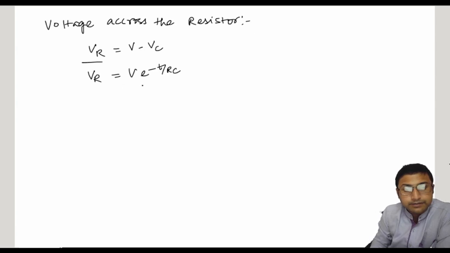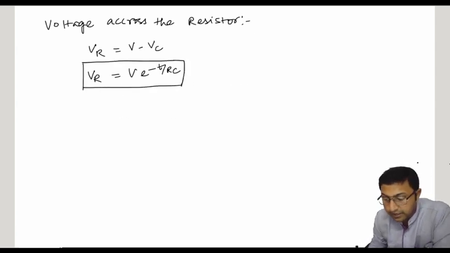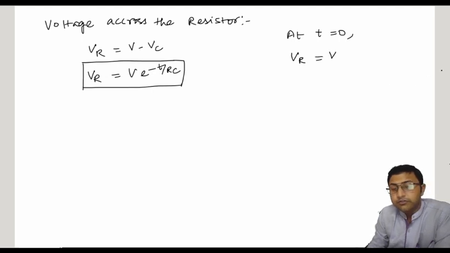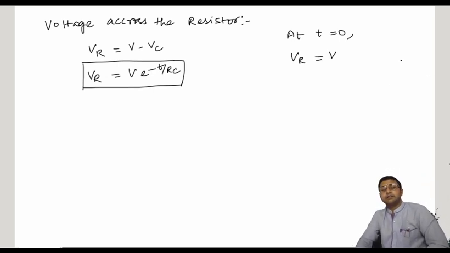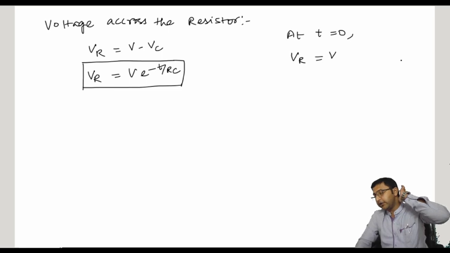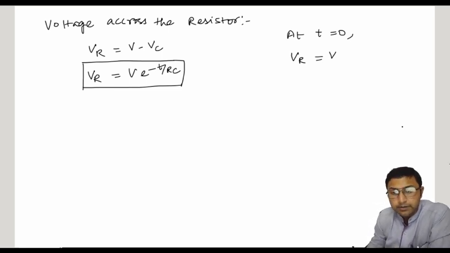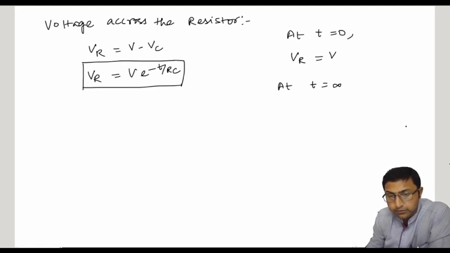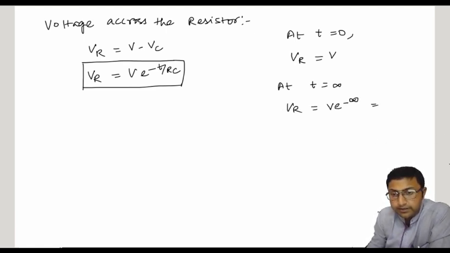So this is the expression of the voltage across the resistance VR. Similarly at t equal to 0, VR equal to V. That means the voltage across the resistance is the same as the supply voltage. And if I put t equal to infinity, VR equal to V e to the power minus infinity, it is basically 0, right?